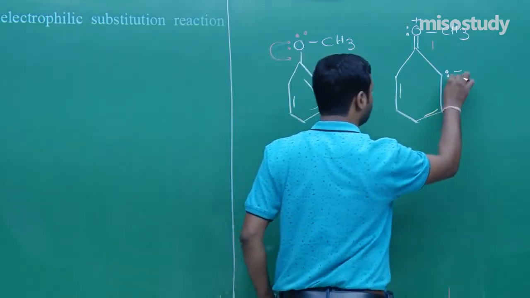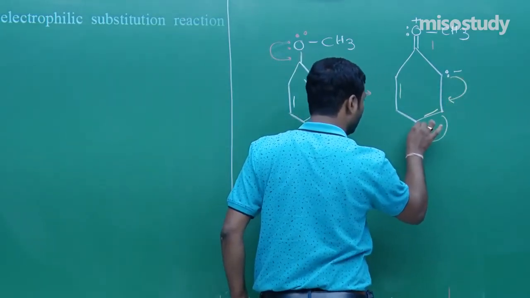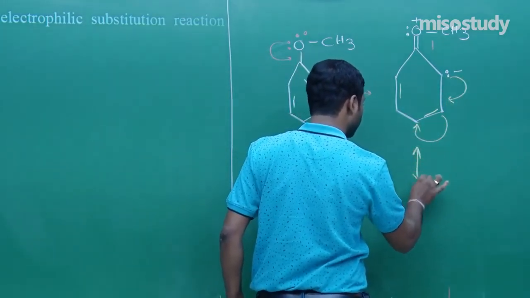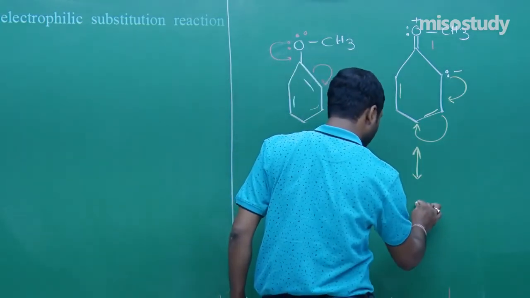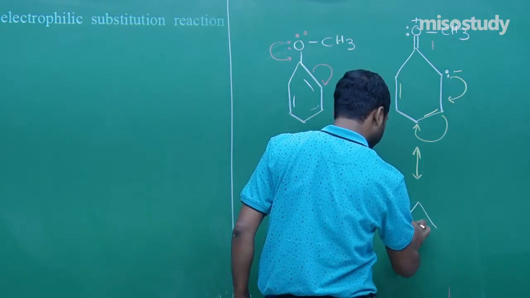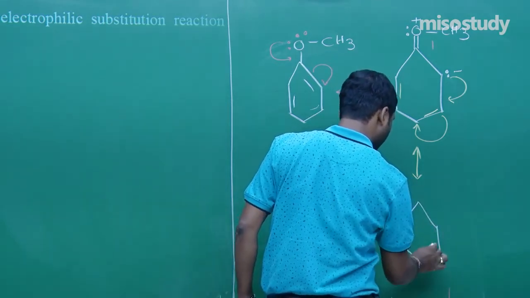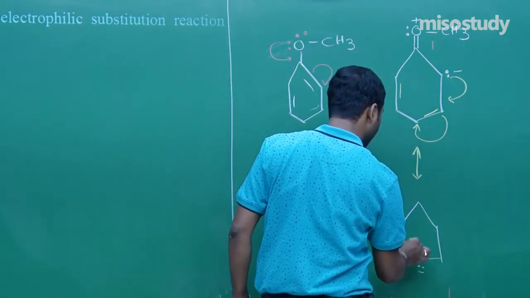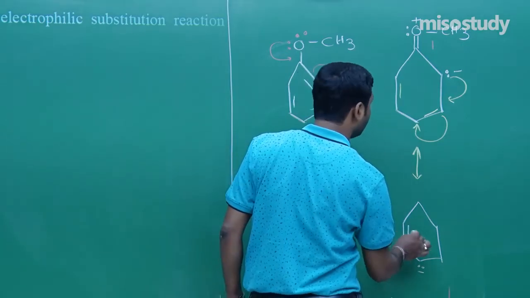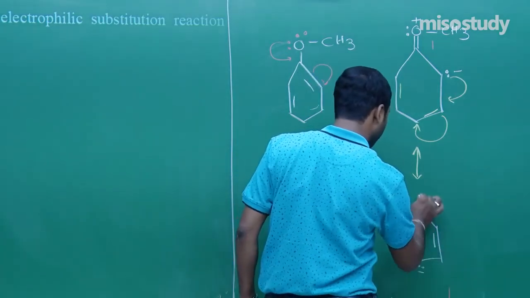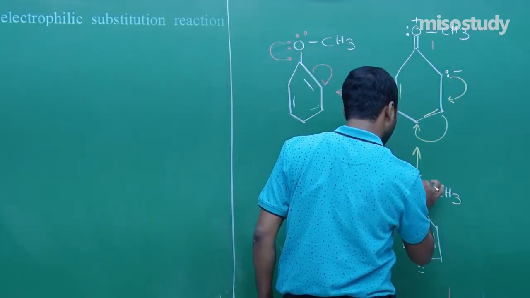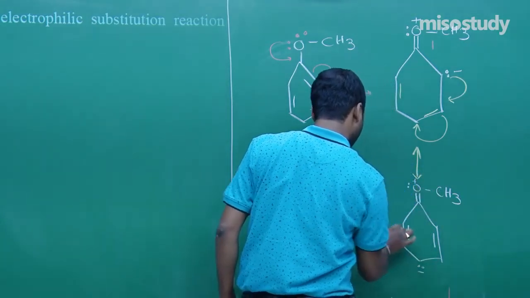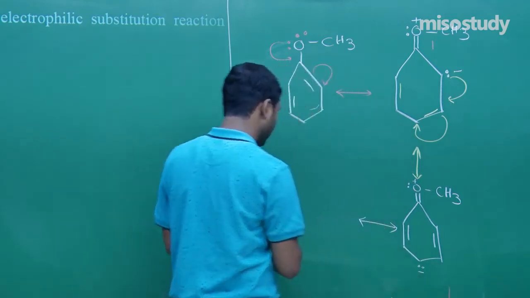Now this will move here and this will move here. The third structure is, wait for a moment, let me draw the structure once. Clear? Now here a minus sign. Now this one here and this one here, and double bond, OCH3 plus.